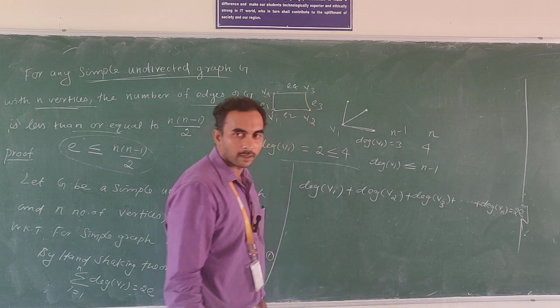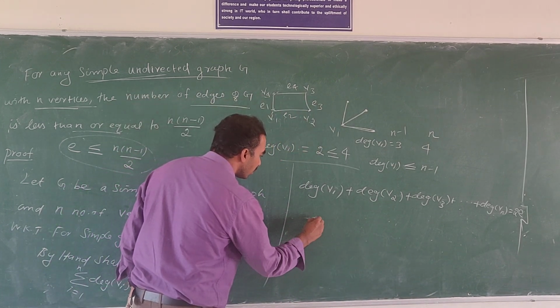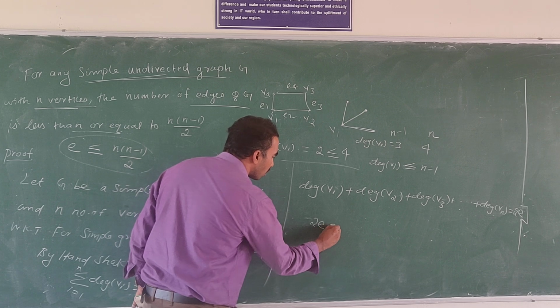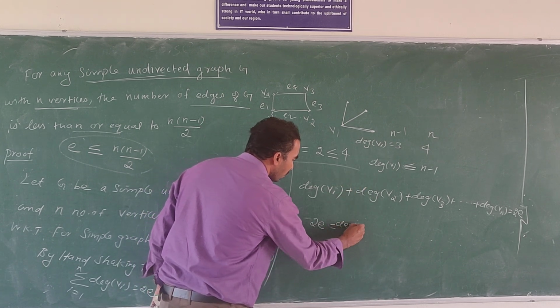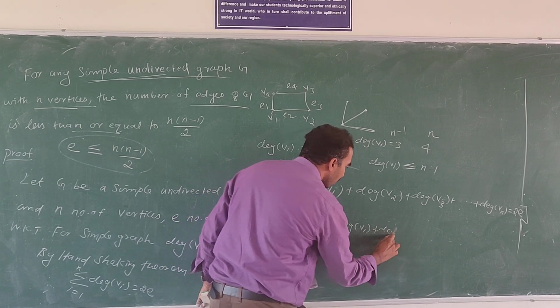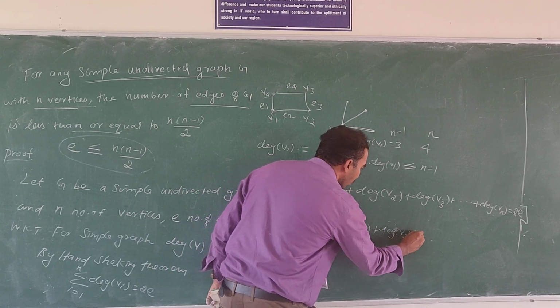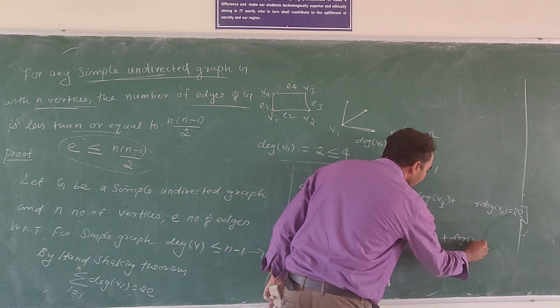So, just write like this: 2e equals degree of V1 plus degree of V2 plus etc. plus degree of Vn.